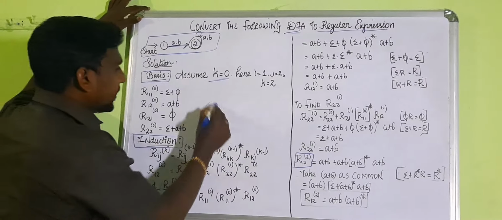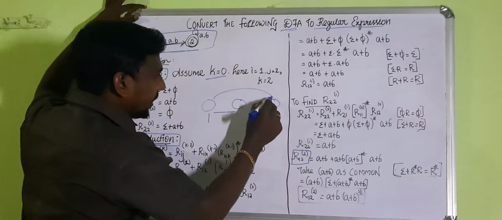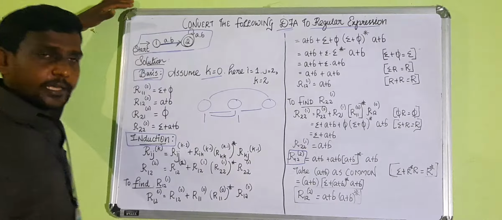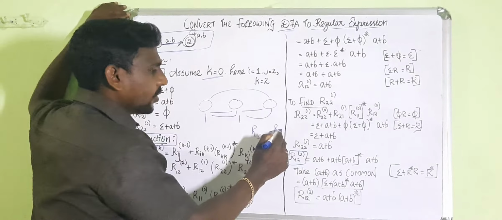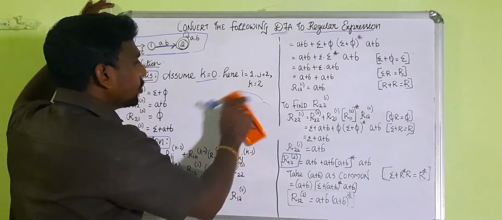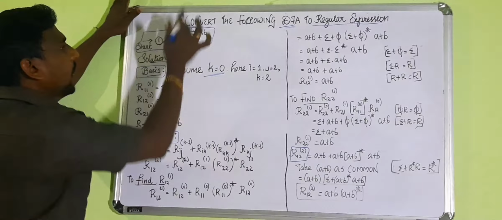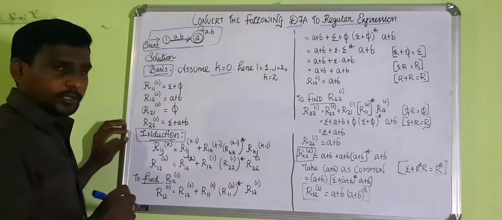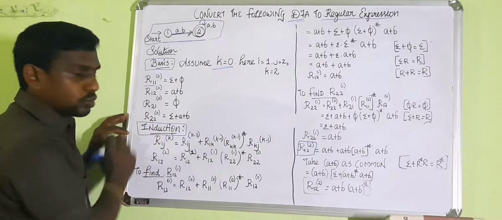If there are 3 states, we have to find R11, R12, R13, R21, R22, R23, and so on. Clear? If R32 is equal to R23, only this much will come. If there are 2 states, R11, R12, R21, R22, so we will have these 4 things. With k equal to 0: R11 power 0, R12 power 0, R21 power 0, R22 power 0.